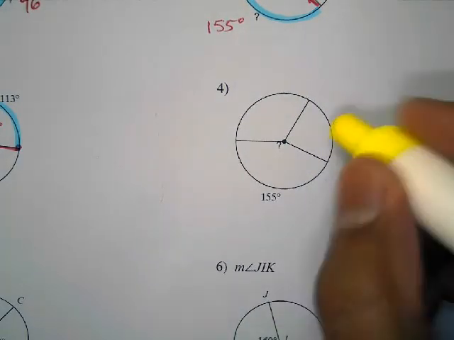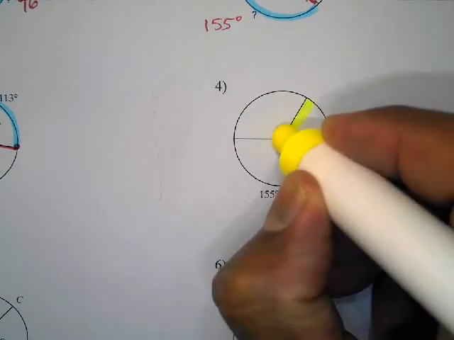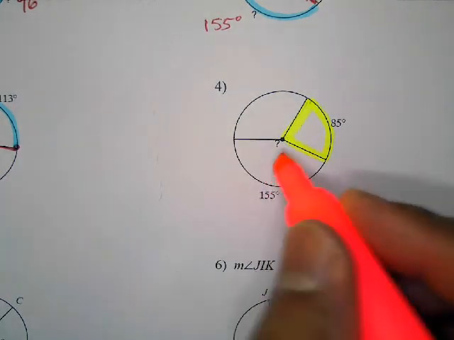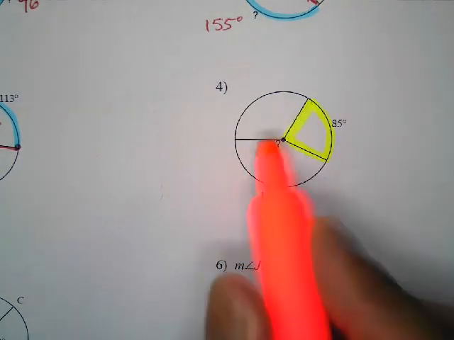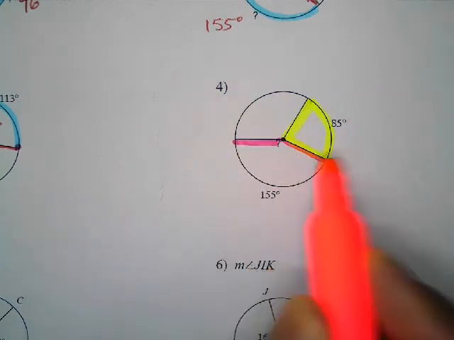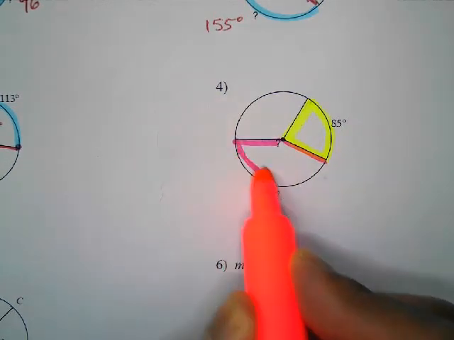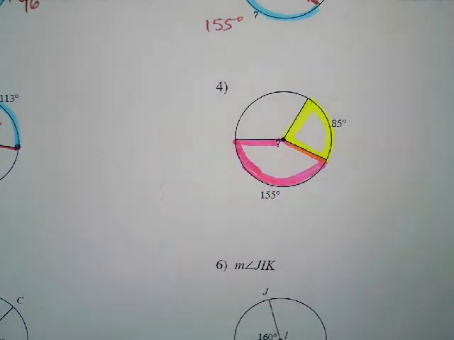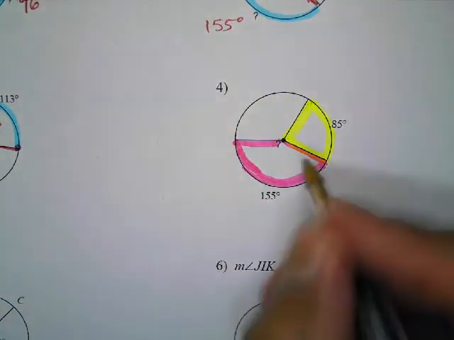And I got 2 numbers here. I got this one here at 85, which is this one over here, but I'm not talking about that one. They're asking about this one over here, yes? They're asking about this angle here, the question mark's right here. How much is just this one?